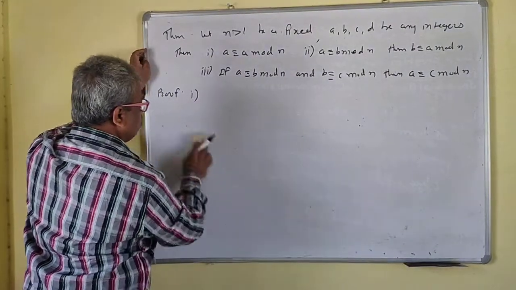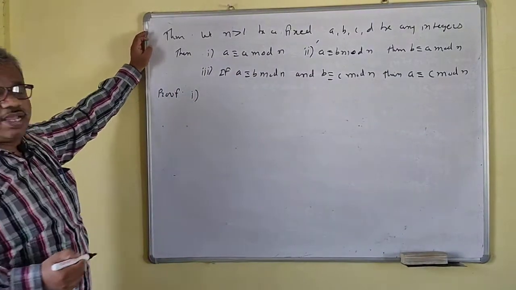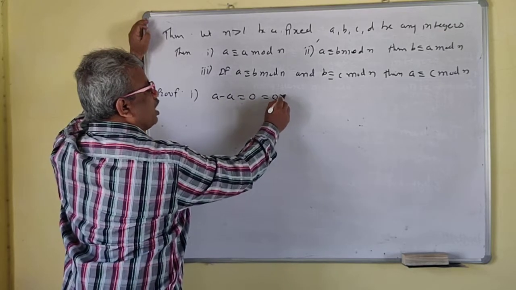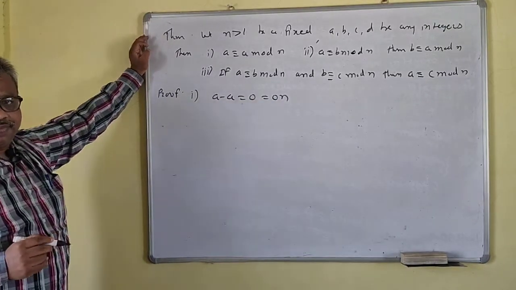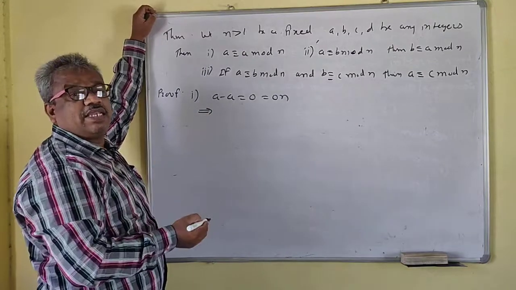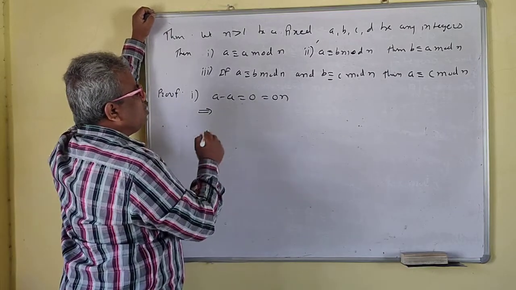So first one. See, a is congruent to a mod n means what? a minus a is equal to 0, which I can write as 0 times n. So this implies a minus a is an integral multiple of n, since 0 is an integer.